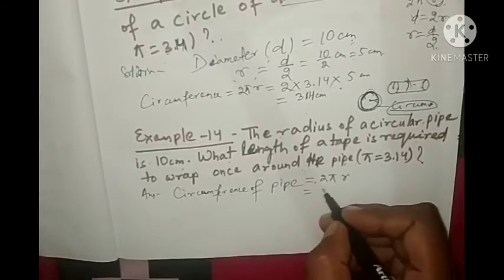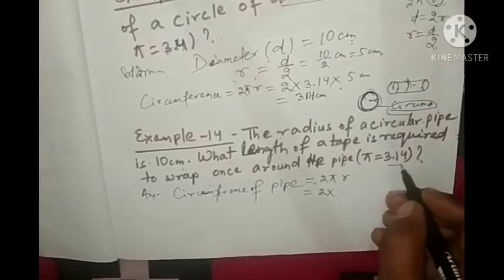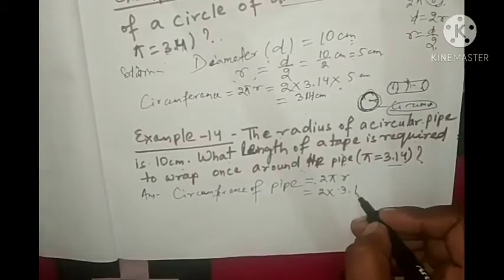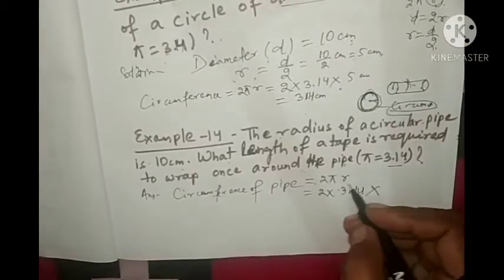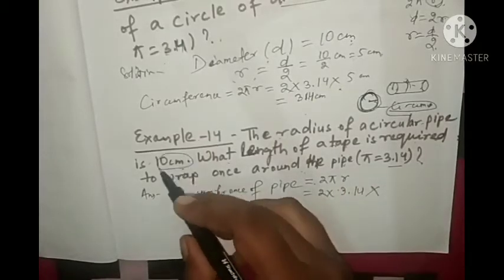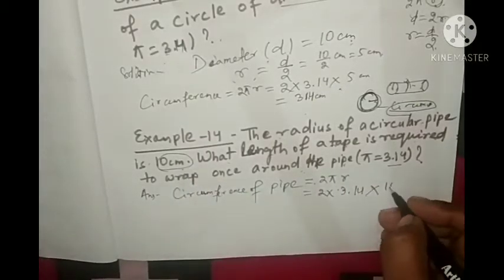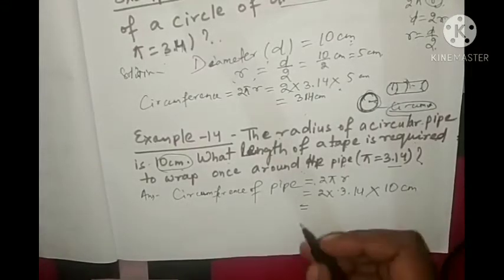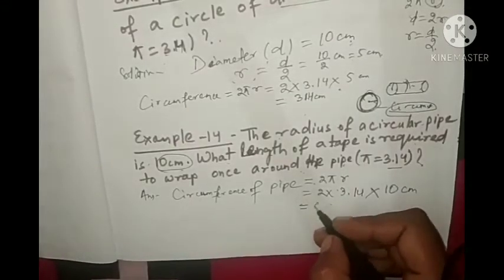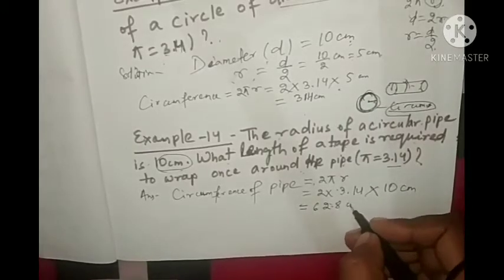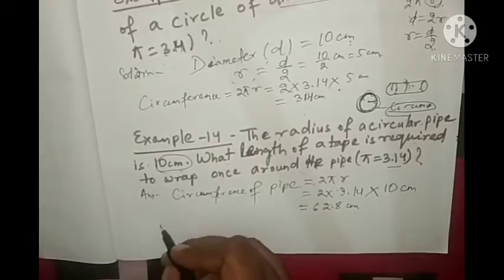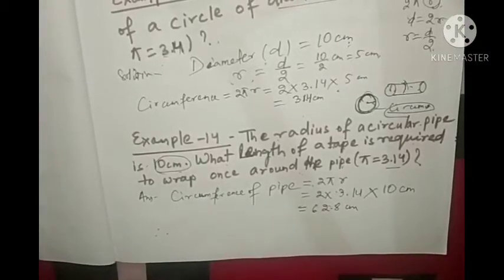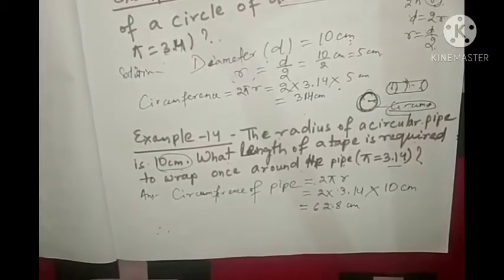So 2 into pi is how much? 3.14 into r is how much? Here written 10 centimeter. So write 10 centimeter. So this is how much? This value is 62.8 centimeter. So what you will write? Hence, what length of tape is required?